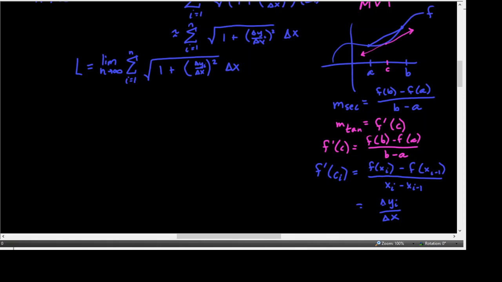So that means that into this I can substitute for the delta y sub i over delta x that's inside that radical. I can substitute for that with f prime.